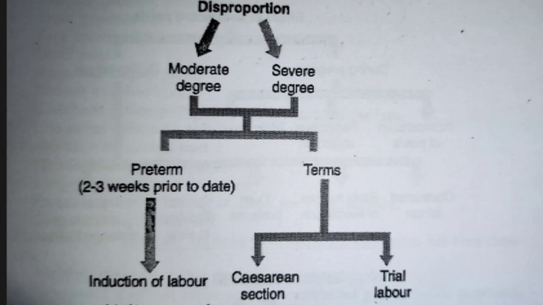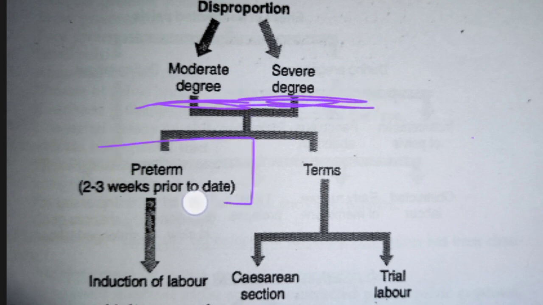The management for CPD is based on two things, that is borderline or moderate degree and severe degree. For both, if it is preterm, if the baby at 7.5 months itself is being delivered normally, that is induction of labor is occurring, then we will perform the normal delivery and provide preterm baby care for that baby.